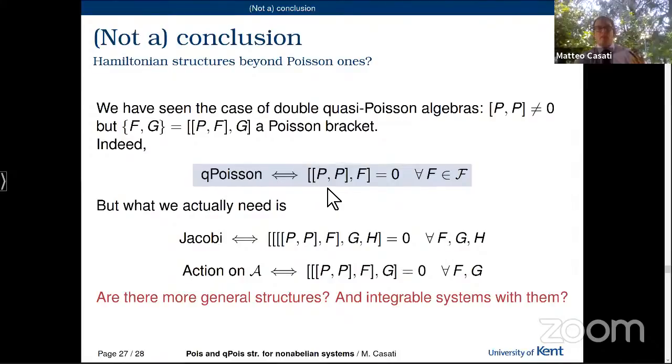So quasi-Poisson should be equivalent to what in some older papers are called pre-Poisson brackets, pre-Poisson bivectors, but I'm not sure it's standard language. This is indeed equivalent to this for any f, which means that of course the Jacobi identity must be satisfied, because the Jacobi identity is always a triple bracket with it. So whichever you put here, it is going to vanish.